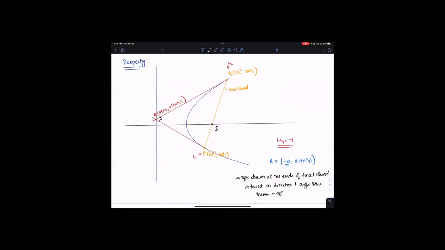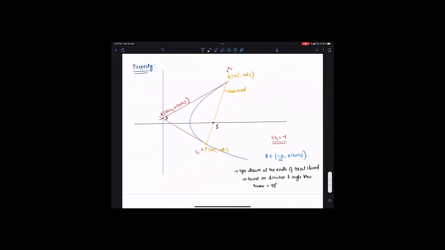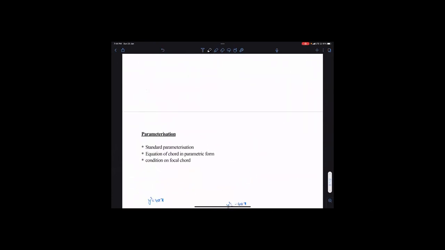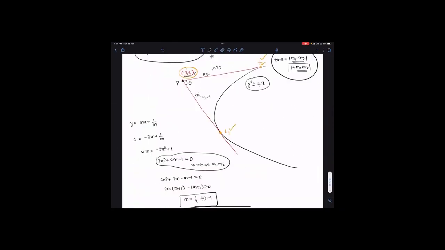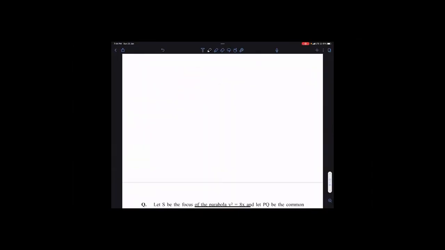Again, complicated properties are unnecessary at this point of time. Okay, guys, so that is the thing. You may say, sir, normals we didn't discuss.